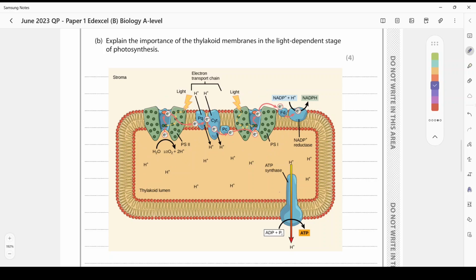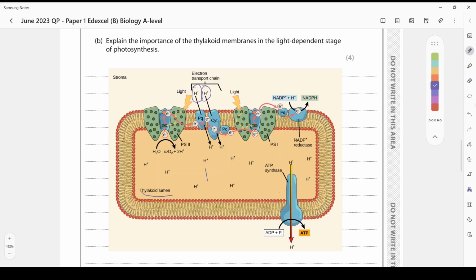And when light is absorbed, it causes the electrons to get excited. So you can see the electrons here, they're getting excited, and then they're able to move down the electron transport chain, as you can see here. And as it goes down the electron transport chain, the energy from the electrons is used to pump protons into the thylakoid lumen.